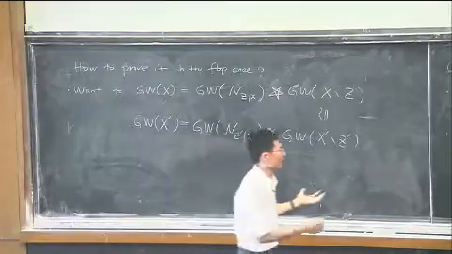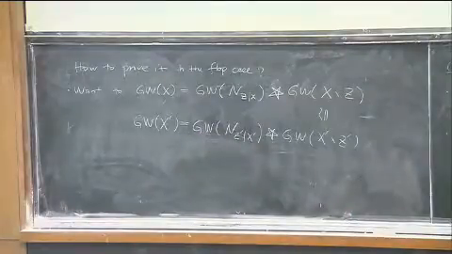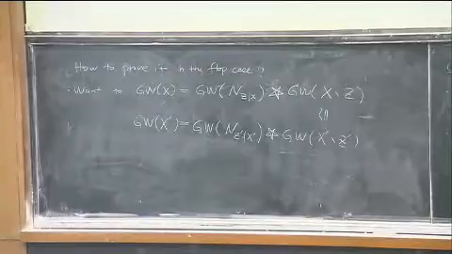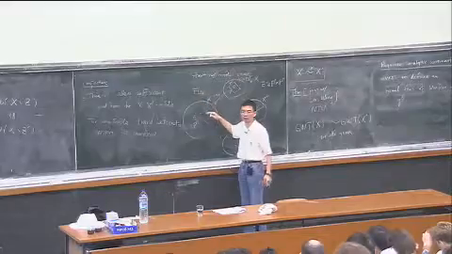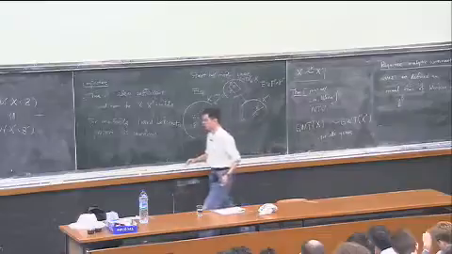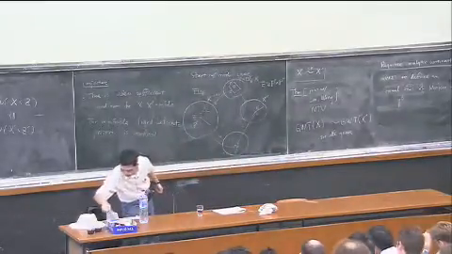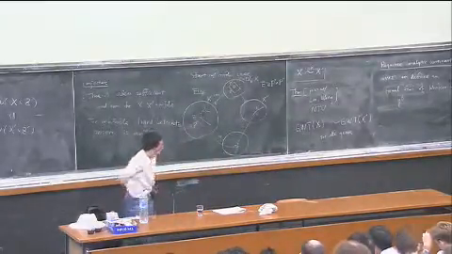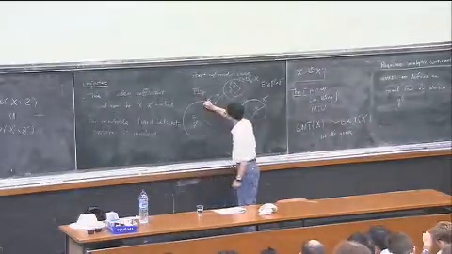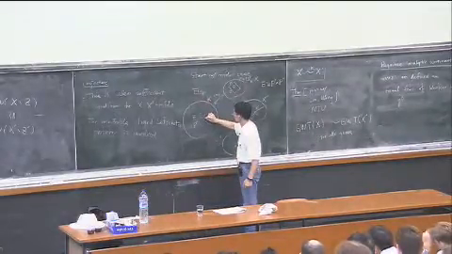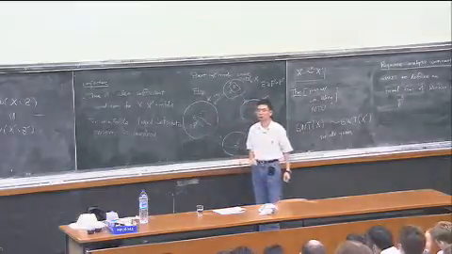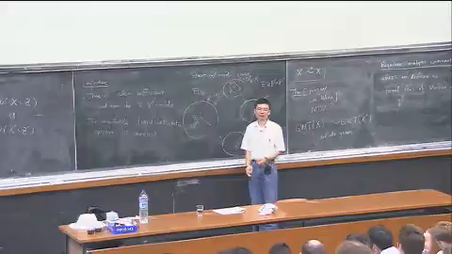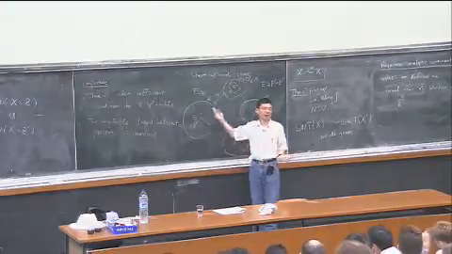For example, if you have a class which apparently lies outside here, I can deform that because it's the same class, the same homology class. I deform it, and eventually it becomes something like this, for example, and then part of that lies inside, but they are the same class.